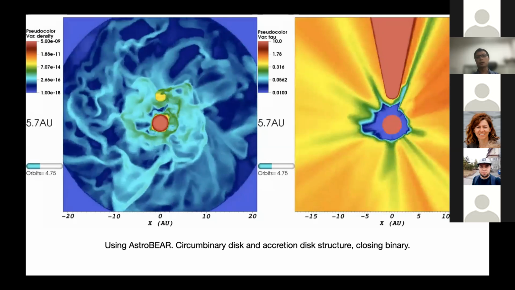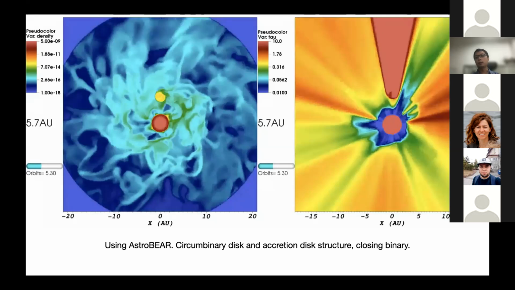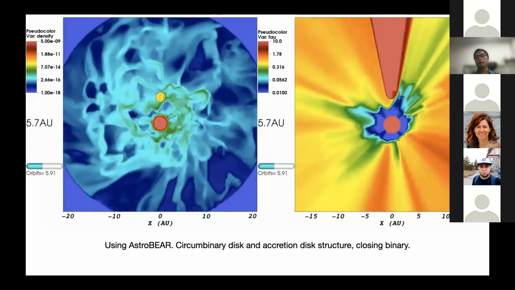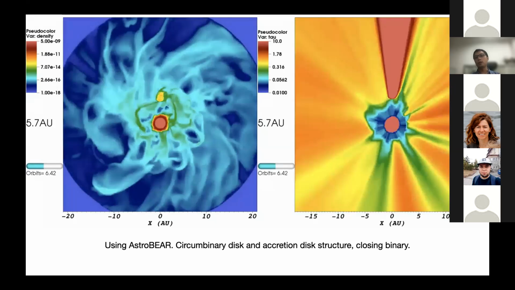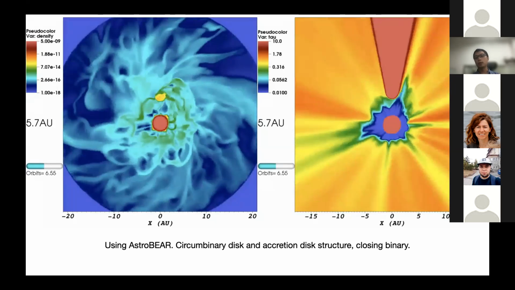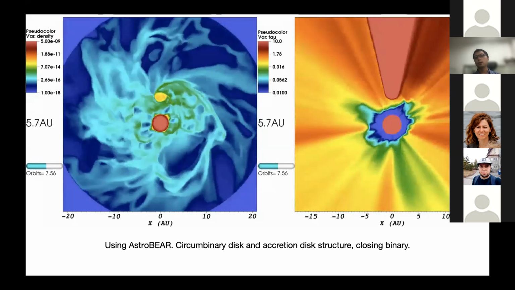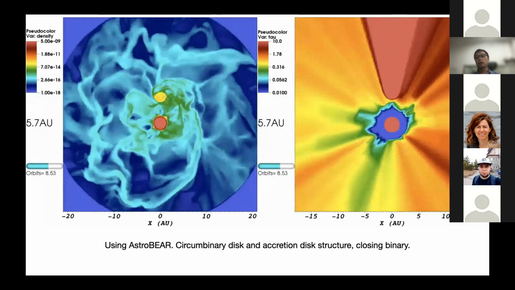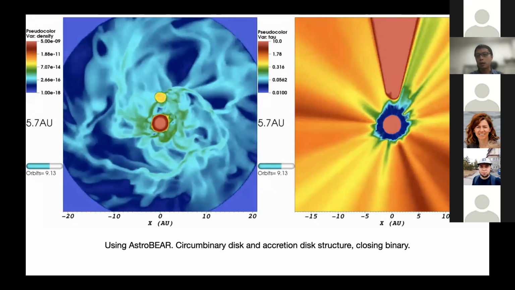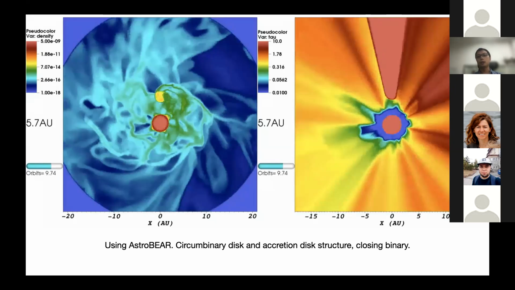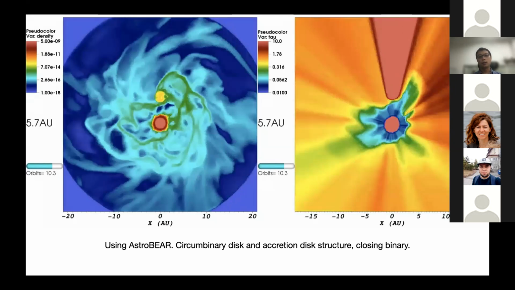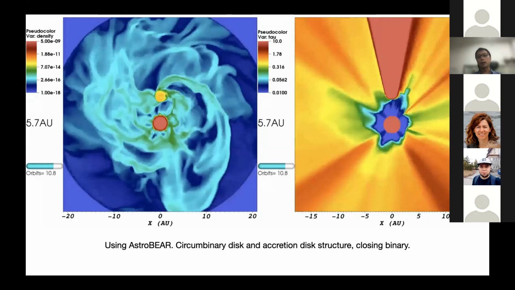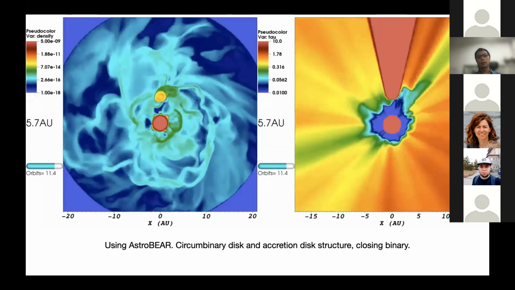We can also see that the optical depth of this region is usually around 0.3 or above 0.3. And this is actually at the limit where the gas cannot escape from the binary.